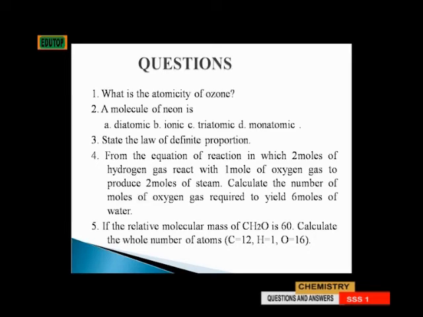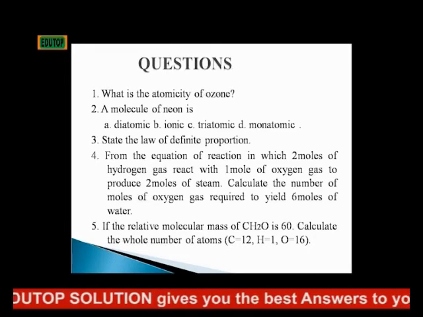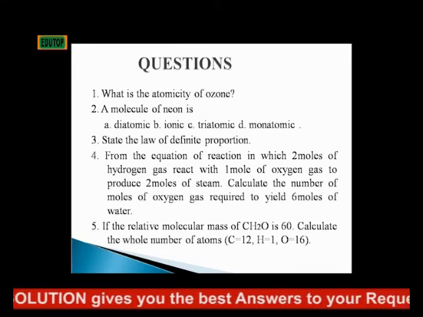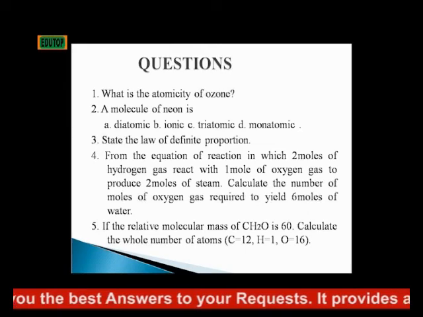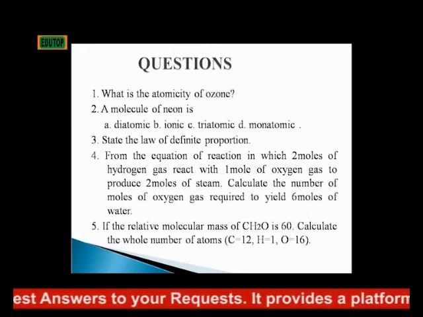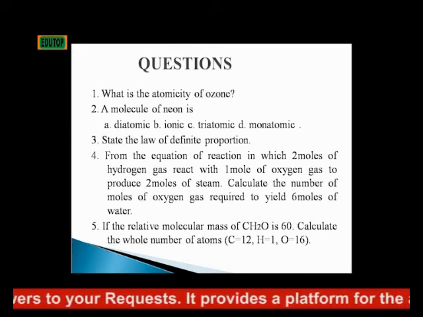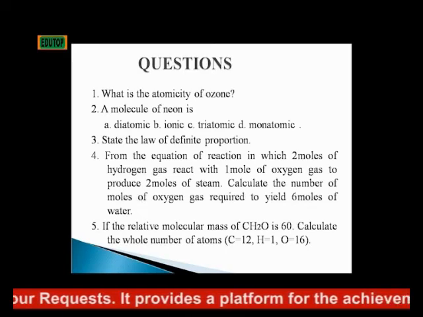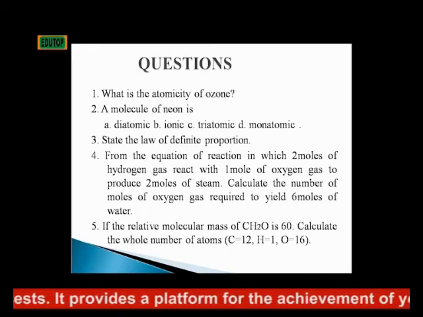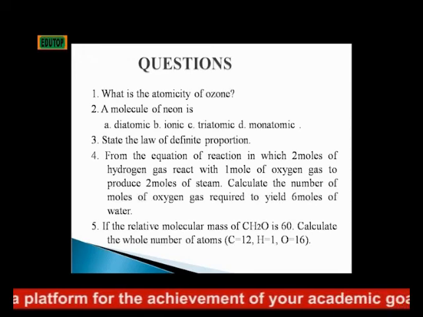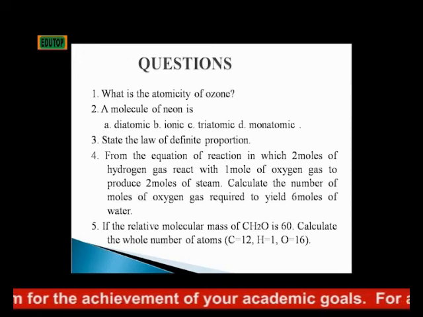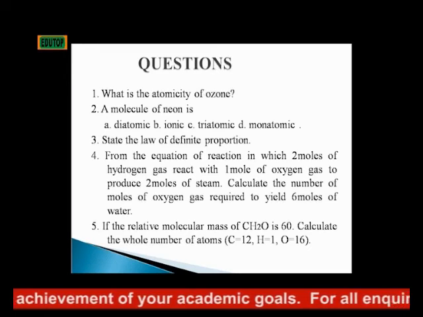Number 4. From the equation of reaction in which 2 moles of hydrogen gas react with 1 mole of oxygen gas to produce 2 moles of steam, calculate the number of moles of oxygen gas required to yield 6 moles of water.